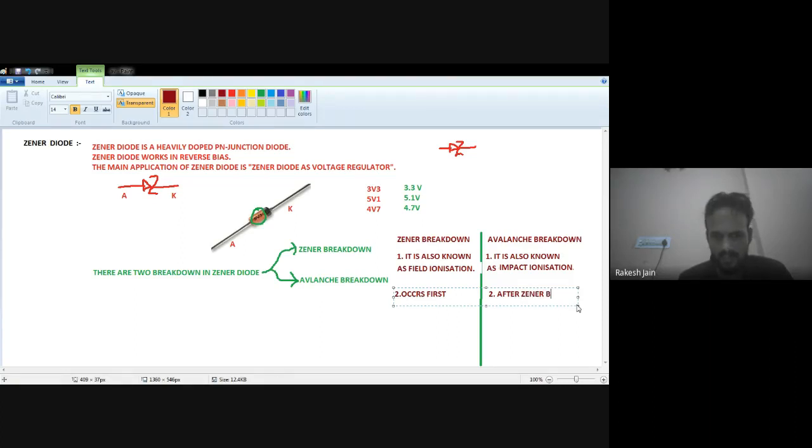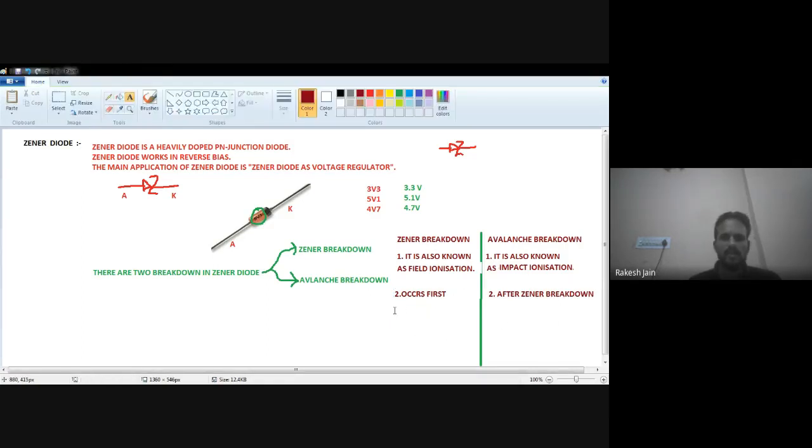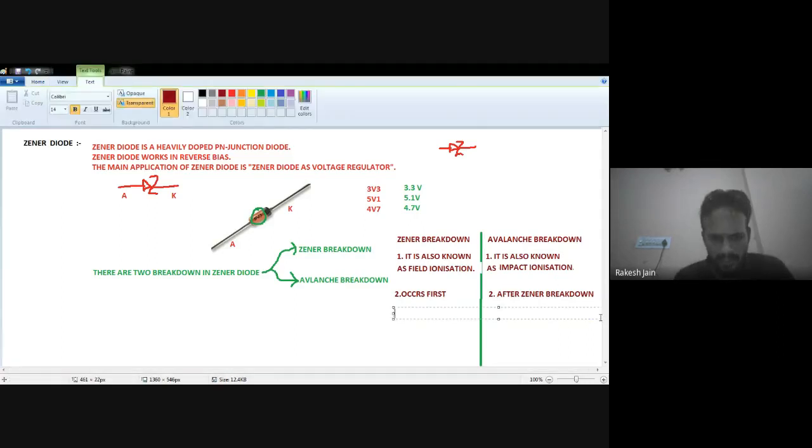Normally around 6 volts the Zener breakdown happens, and around 8 volts the Avalanche breakdown. Both breakdowns occur in reverse bias only.